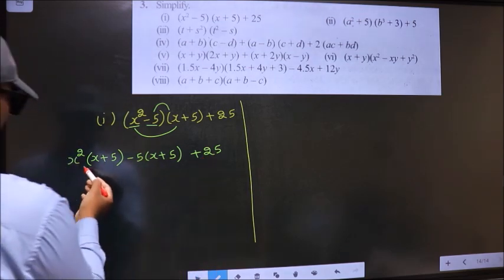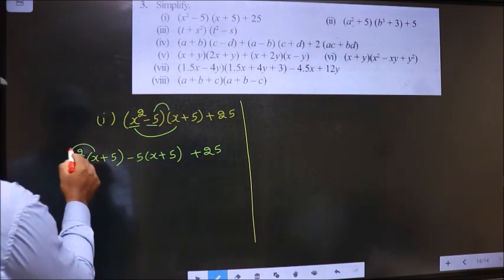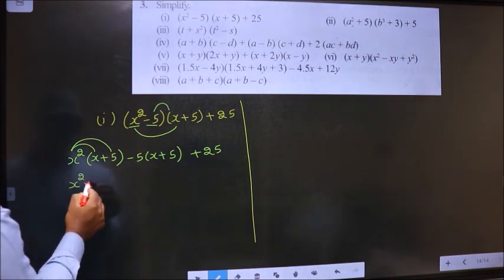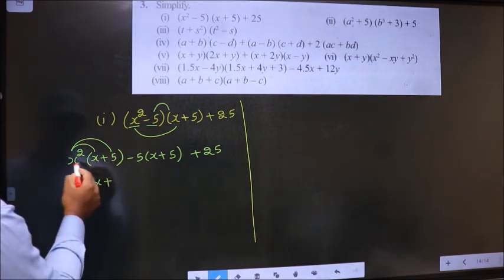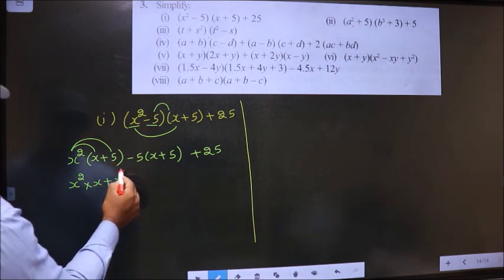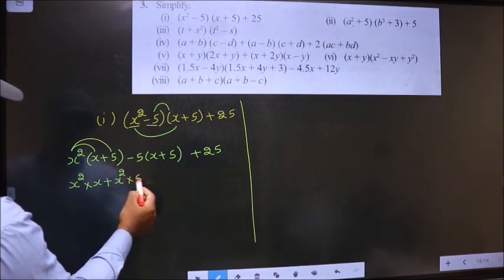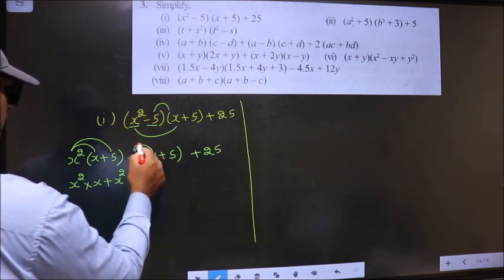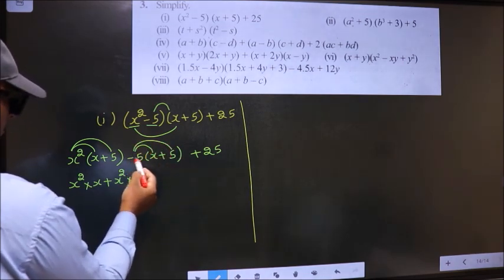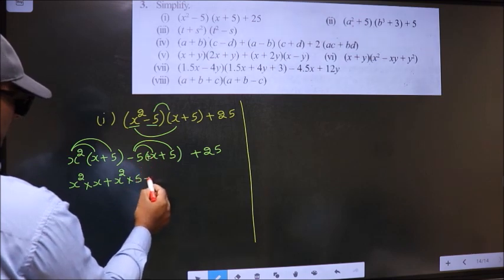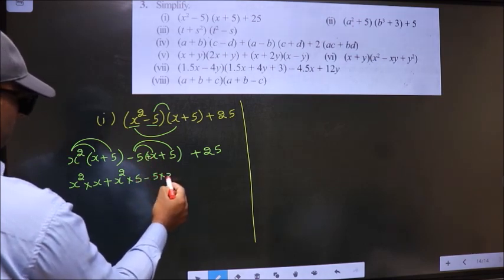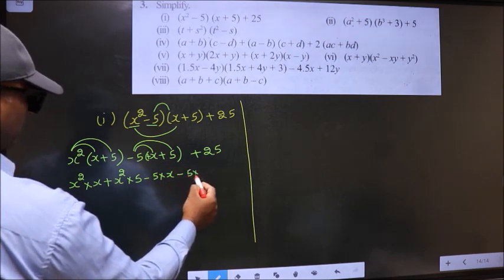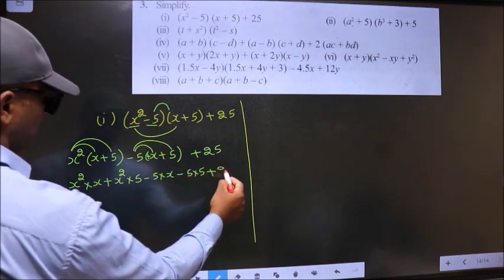Now here you should open up the brackets in this way. You get x square into x plus x square into 5. Now here we should open up the brackets in this way, that is minus into plus, minus 5 into x, minus into plus, minus 5 into 5, plus 25.